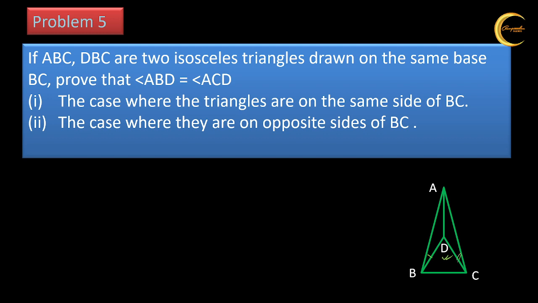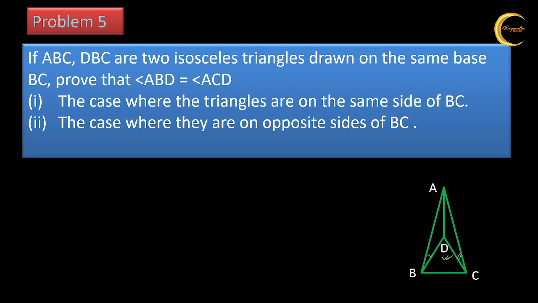So how will we prove that? Earlier, in the problems and solutions of theorem 5, I proved this problem, but here I want to prove it in a different way.